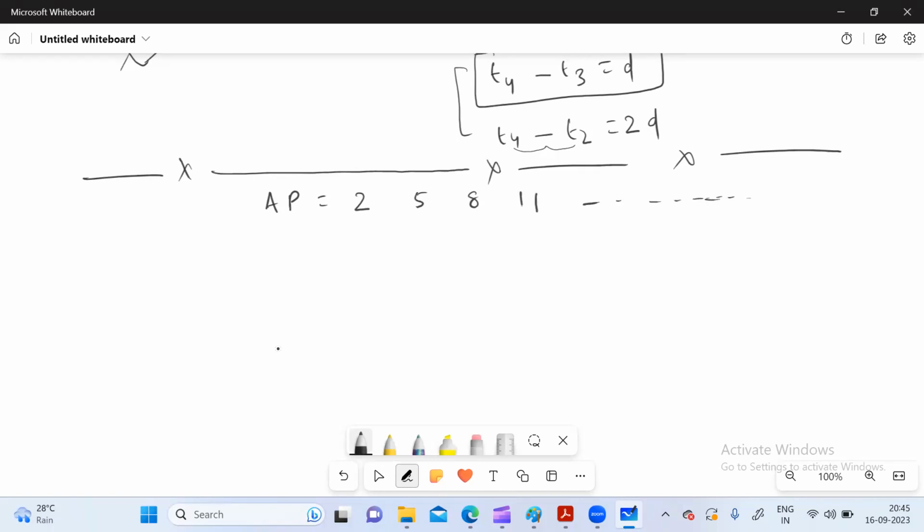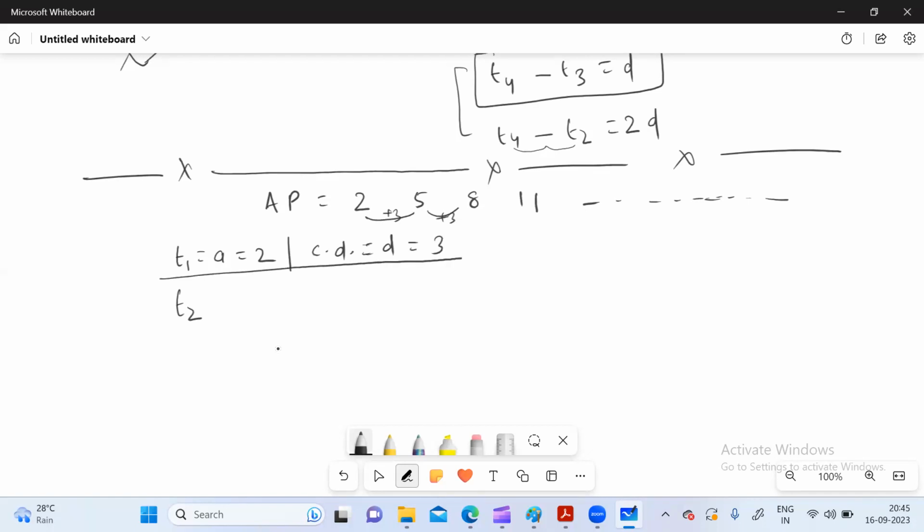So this is the AP, and what I am saying is the first term is of course A, which is 2. And here the common difference, CD, or we can represent it as D only, is 3. You can just see plus 3. Every term is being updated by plus 3. So the common difference is 3.